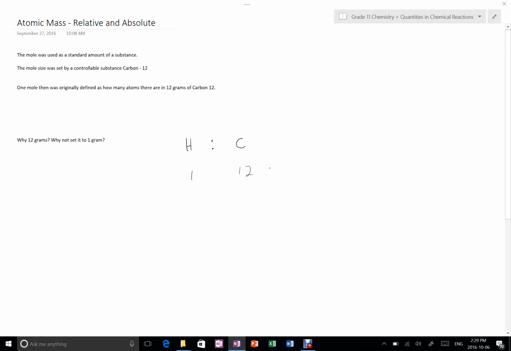If they had set carbon to 1, then hydrogen would have ended up being 0.0833. And that is just an annoying number to work with. So setting carbon to 1, even though it was a standard, was a bad choice. Instead, they said, since it's 12 times bigger than that, let's set that to 12 grams. And then that one will work out to be 1 gram.